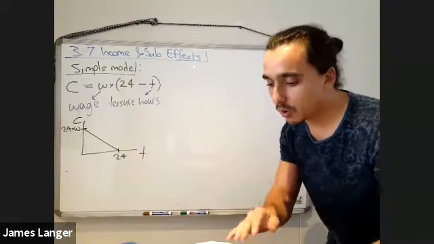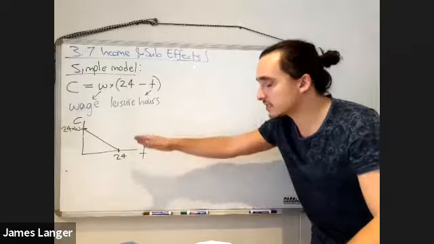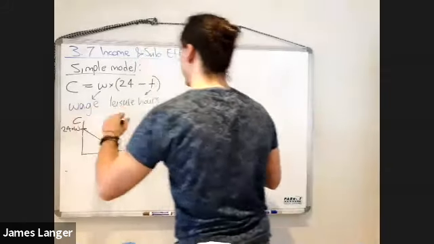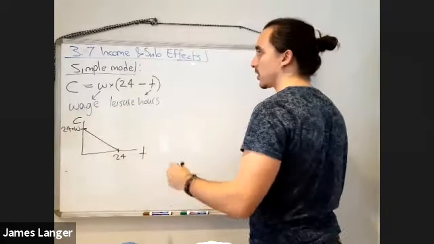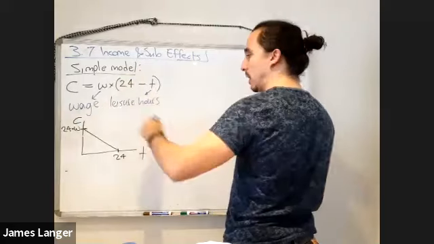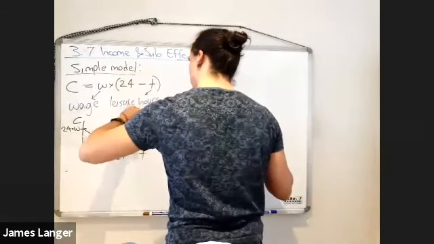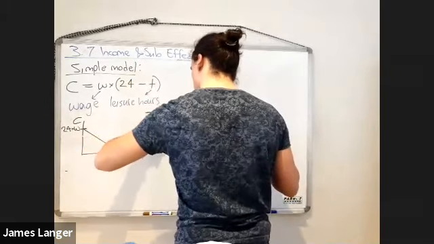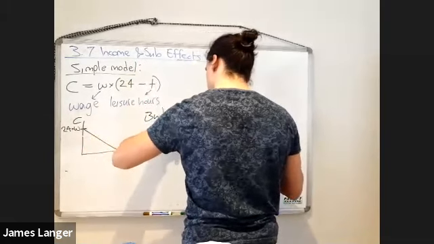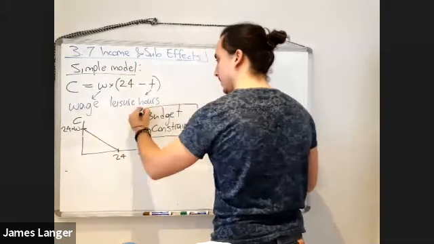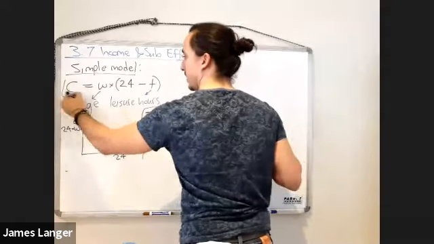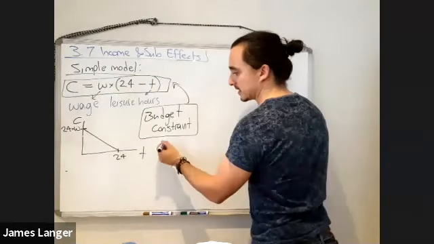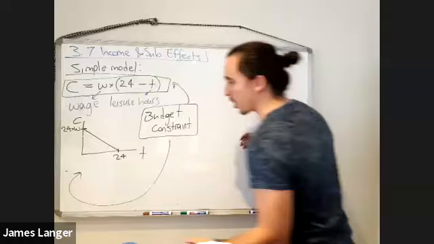Okay, so what we see here is what we're going to call the budget constraint. This is it in an equation, and this is it in a graph.